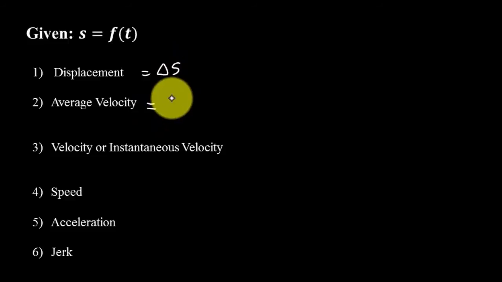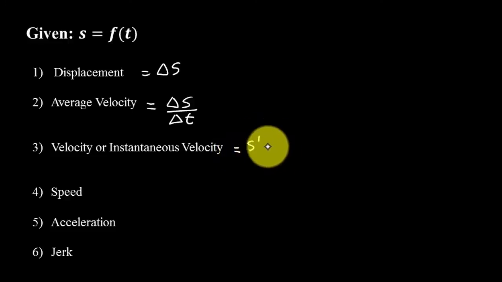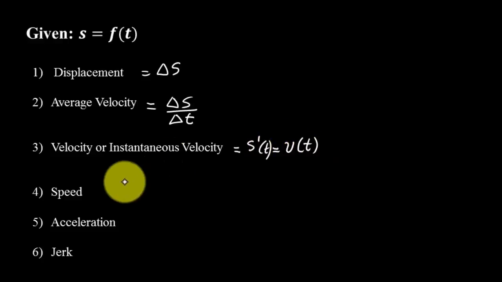Average velocity is the change in s over the change in time. What is the instantaneous velocity, or just velocity at one particular time? That becomes s prime, also referred to as v of t. s prime of t is the same as the velocity function.